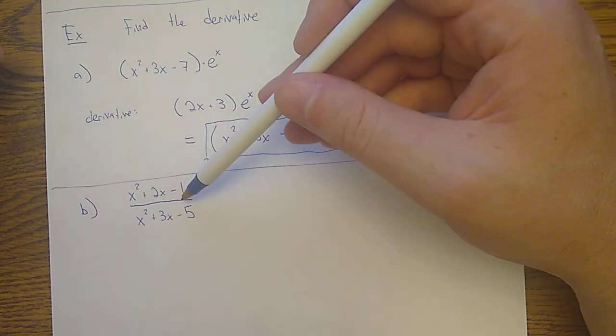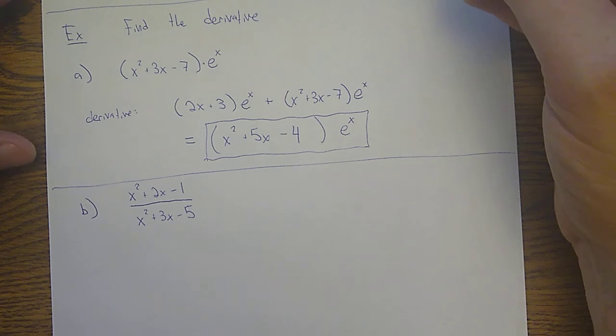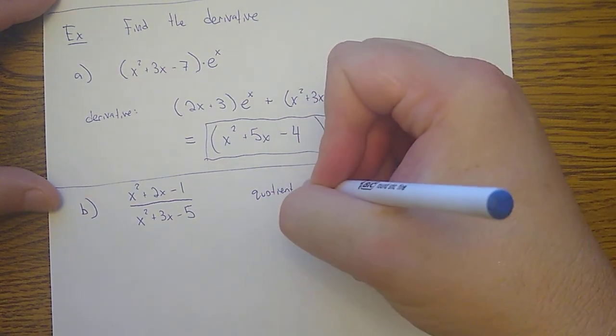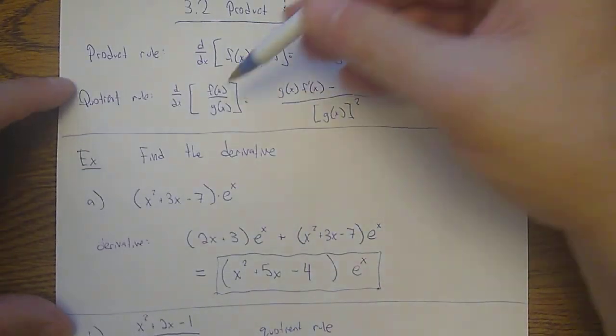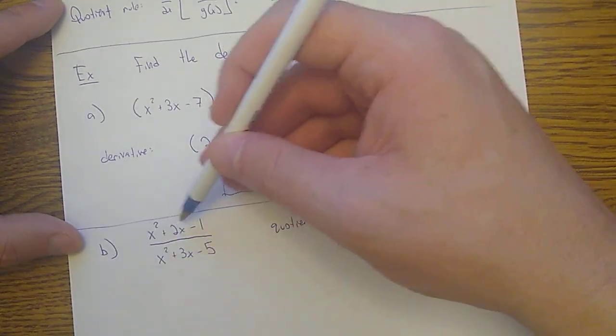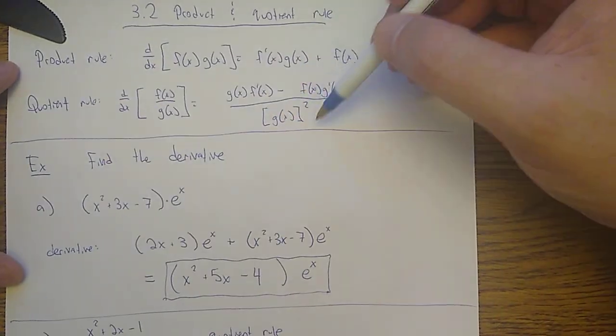So how about this one? This one I would say is naturally the quotient rule. For the quotient rule, I have f on top and g on bottom. So this is my f and this is my g, and I'm using this formula.